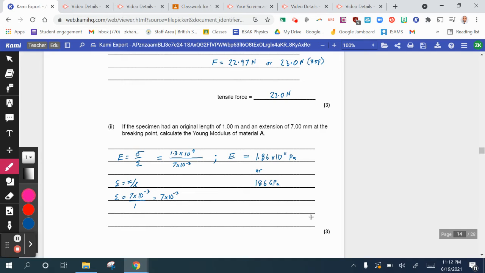That's still 7 times 10 to the minus 3 as the strain. Put that in, and we get a Young's modulus of 1.86 times 10 to the 11 pascals. So there's your final answer. If you wanted to quote it in gigapascals, take out a factor of 10 to the 9, and you're left with 186 gigapascals.